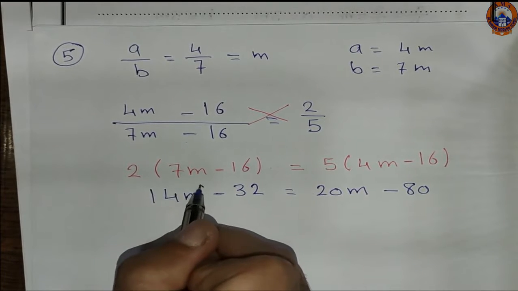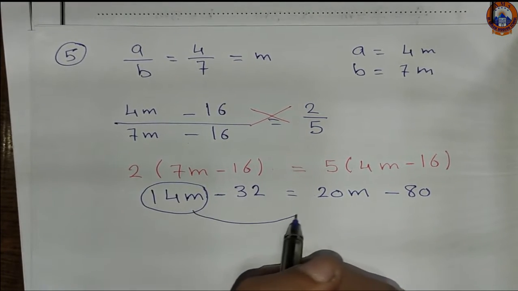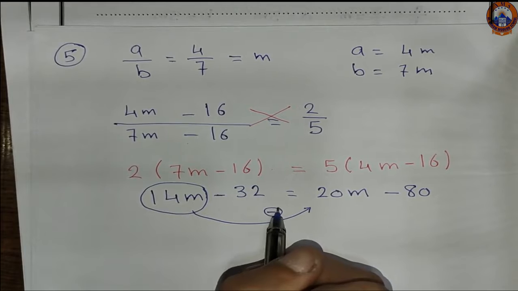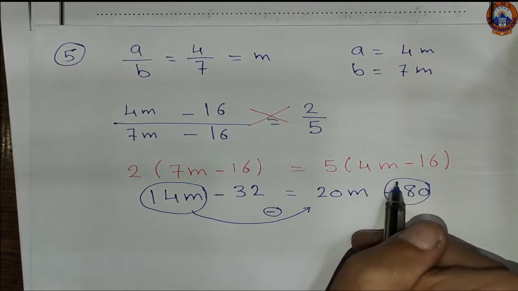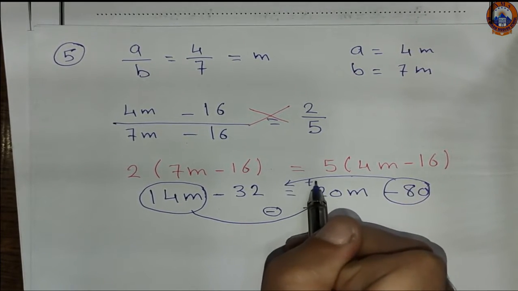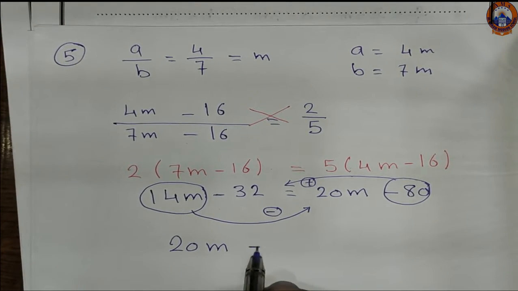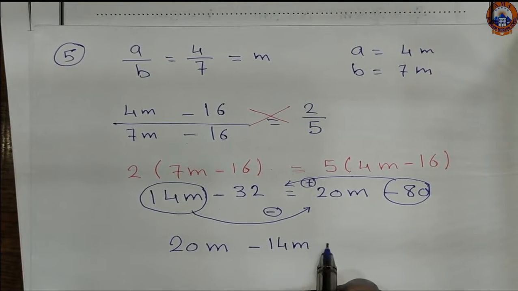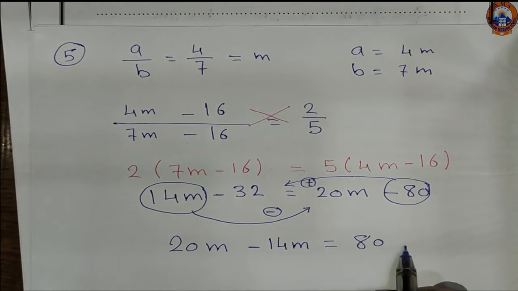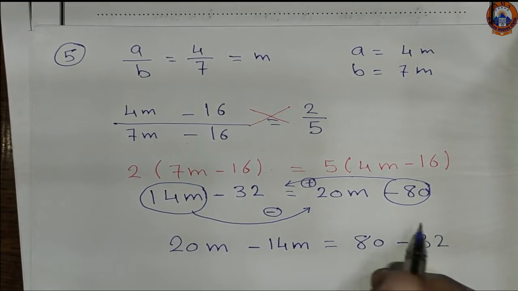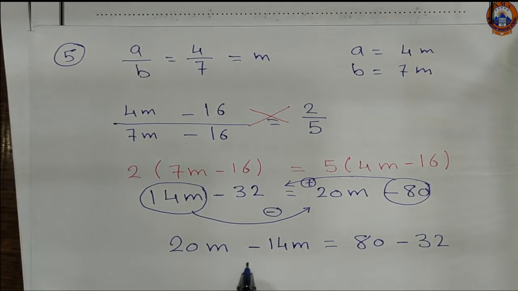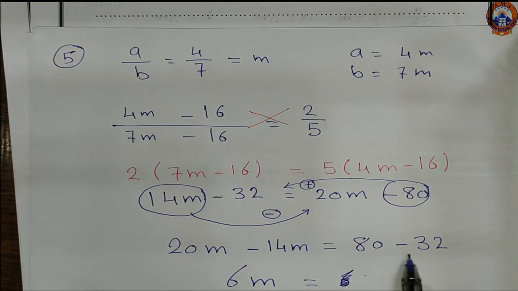So I'm going to move 14 to the other side with a negative sign, and move 80 to the other side with a positive sign. So we have 20m minus 14m, and this is equal to 80 minus 32. 20 minus 14 is 6m, and 80 minus 32 is 48.